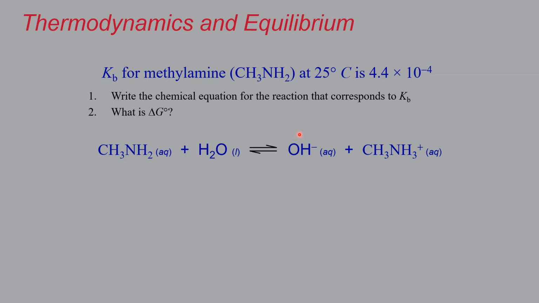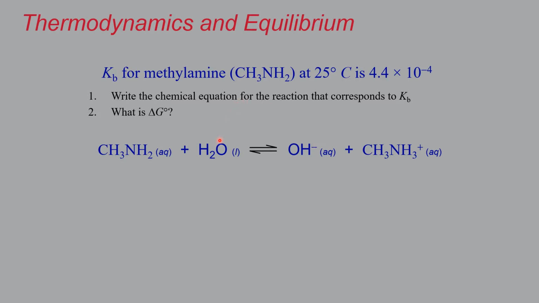So what's the standard delta G? Remember that we talked about a few different ways of calculating the standard delta G for a particular process. You could go look up delta G's of formation for methylamine, methylammonium, and hydroxide in liquid water if you could find them.